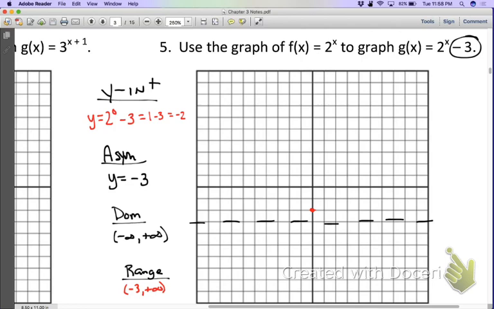It's going to take kind of the same steps, so we can plug in values. 2 to the first power is 2. If I go 2 to the first minus 3, that's going to be negative 1. If I go 2 squared minus 3, that's 4 minus 3, so that's going to be positive 1.